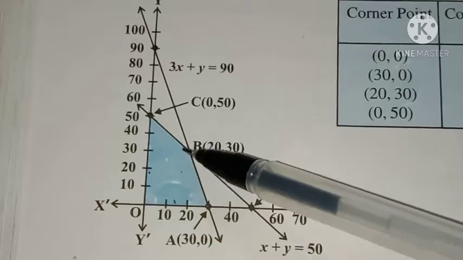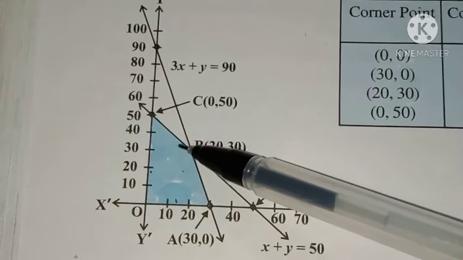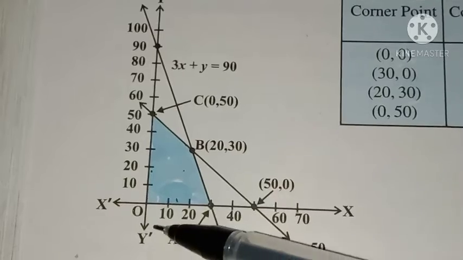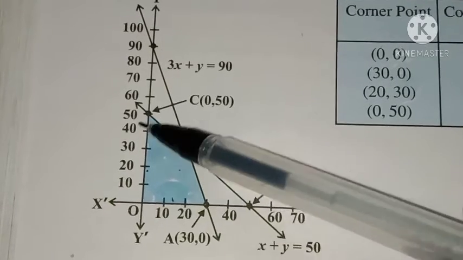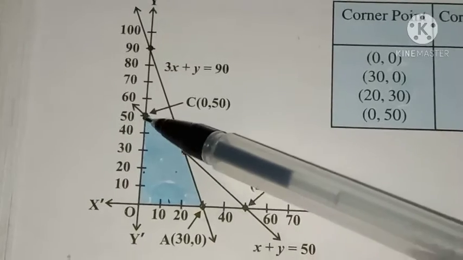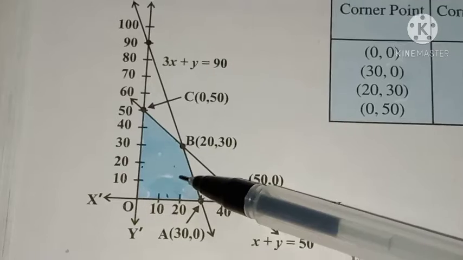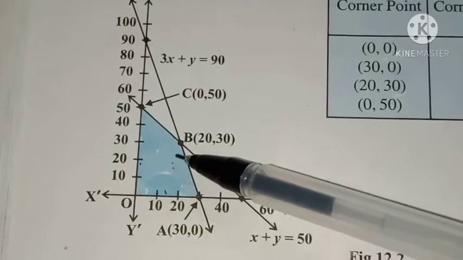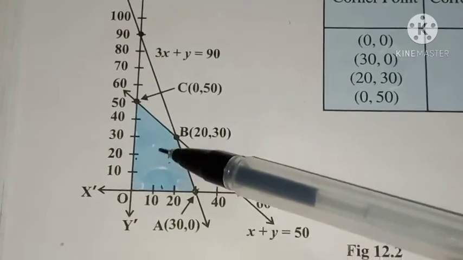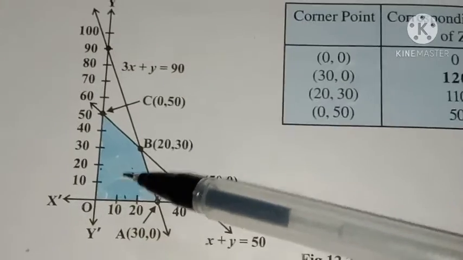The common region of all non-negative restrictions and linear inequalities is this shaded region, that is O, A, B, C. This shaded region is known as the feasible region. So O, A, B, C is the feasible region.